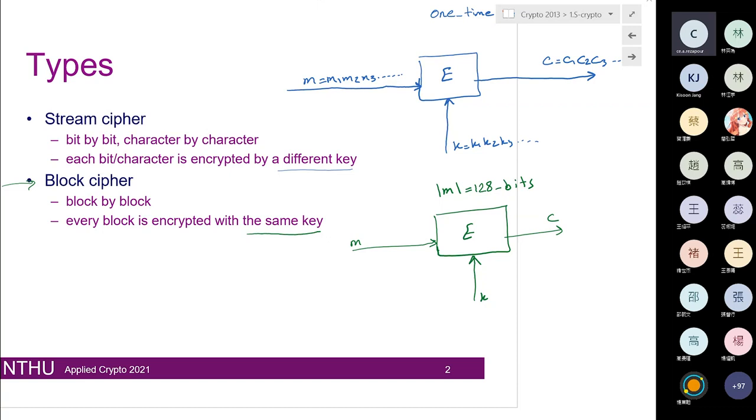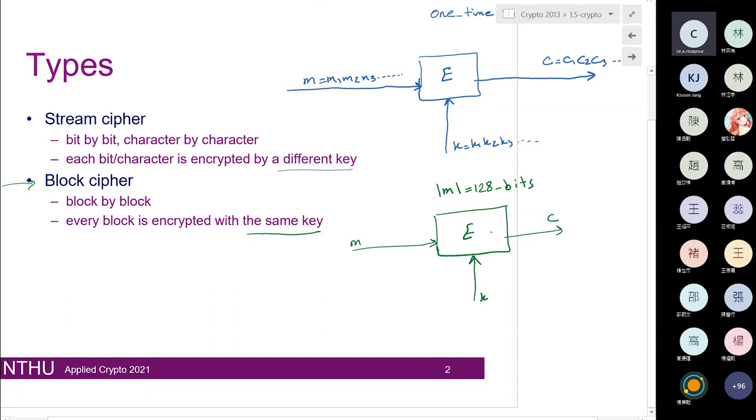But if you have a block cipher and you just type hi and hit send, well, your hi is not 128 bits. It's just 16 bits if you look at the ASCII codes. So how can you transfer it? We use the idea of padding, meaning that we know what you have is only 16 bits, but you need to make it 128 so that your encryption algorithm can actually start to work.